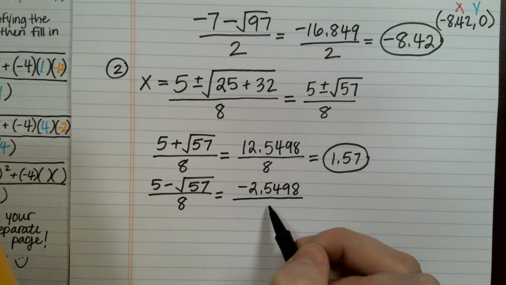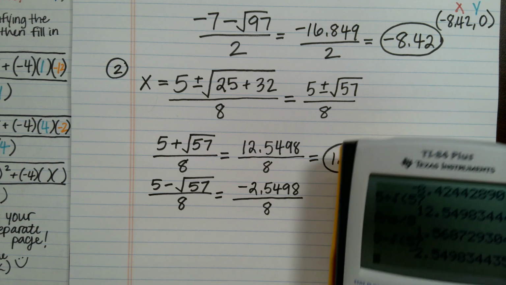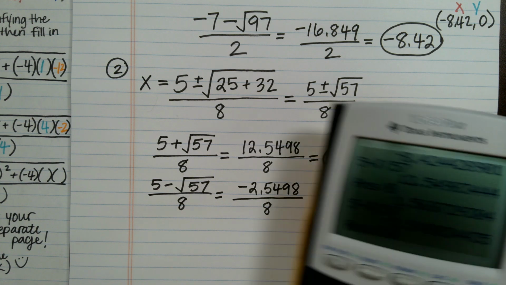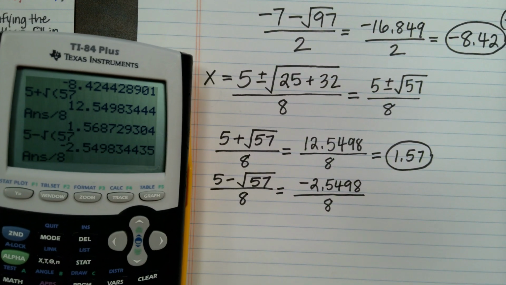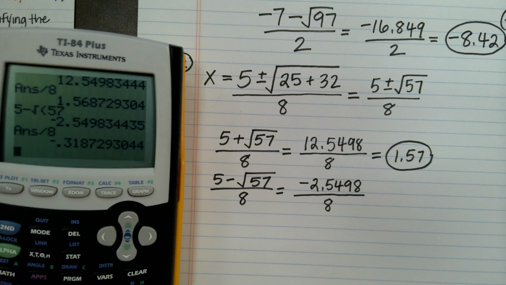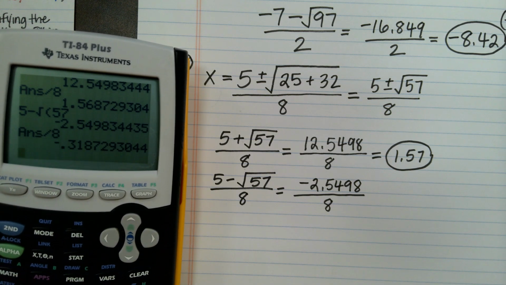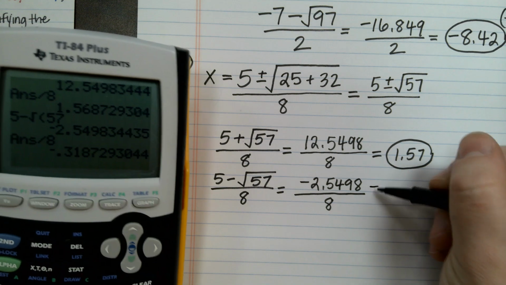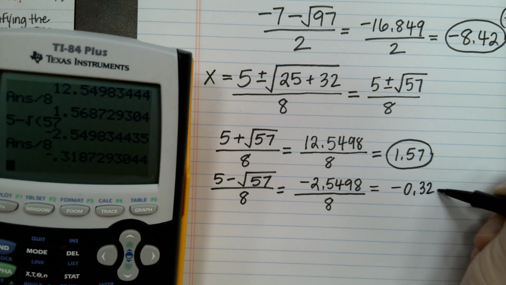And it still needs to be divided by 8. Yeah, let's divide by 8. And we get negative 0.32. What I got. Perfect. Negative 0.32.